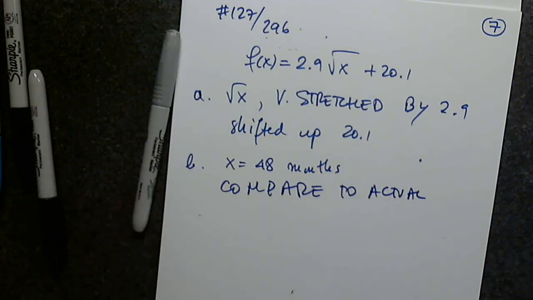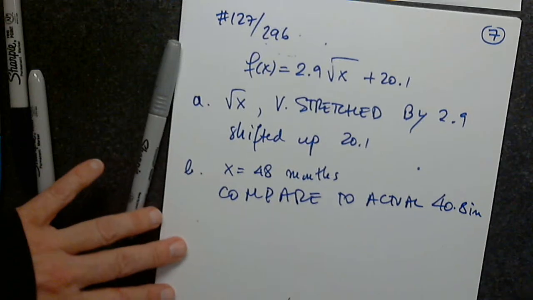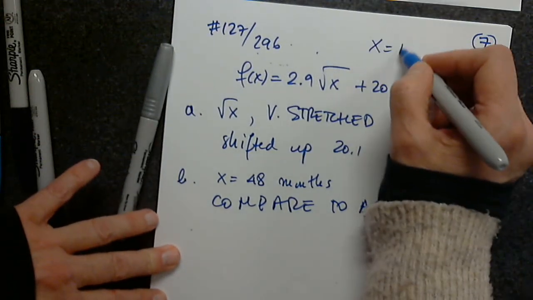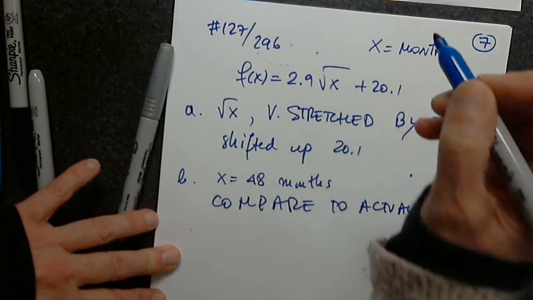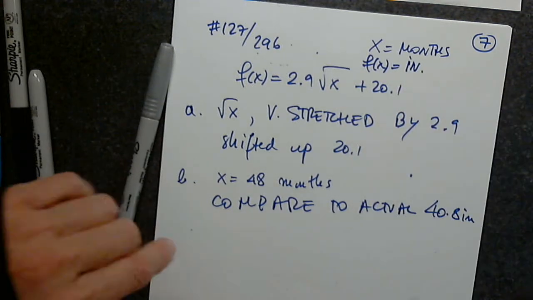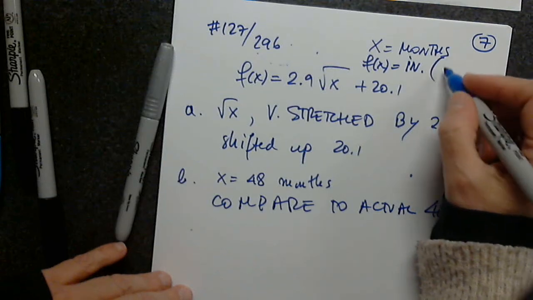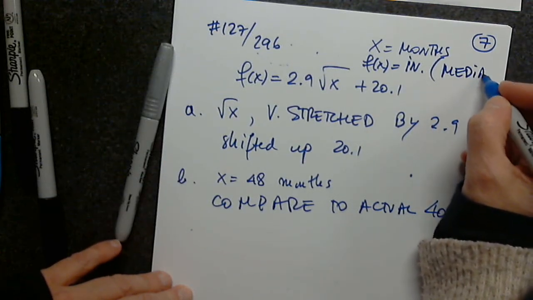And they're giving us the actual. The actual, they say it's 40.8 inches. The other thing that I have to mention is that x is in months and f of x in inches. So f of x is the median height.